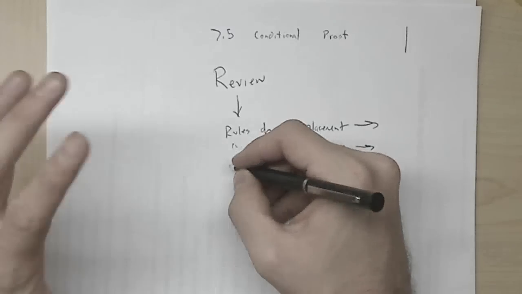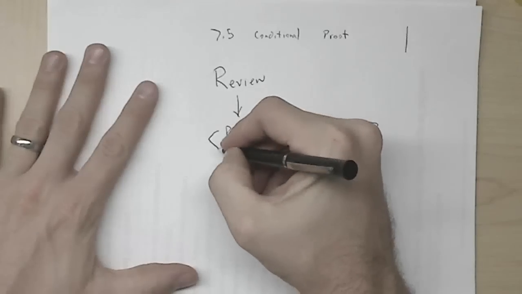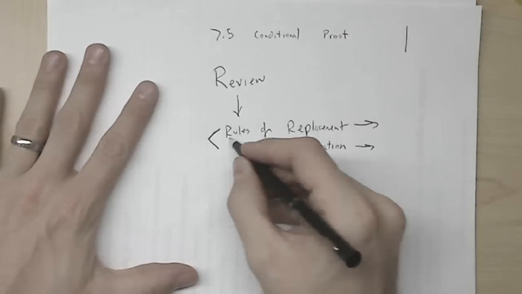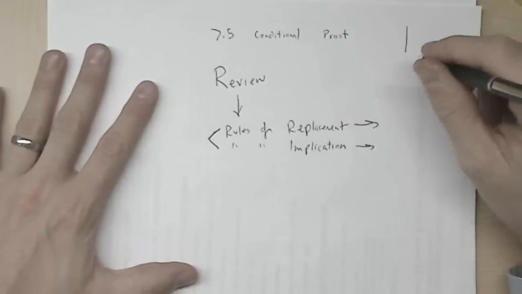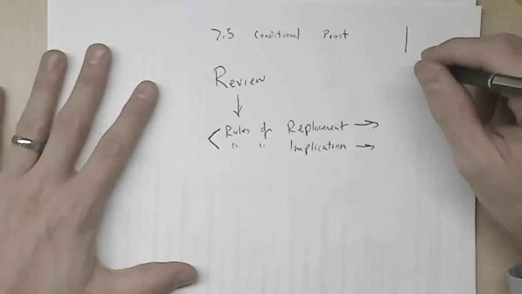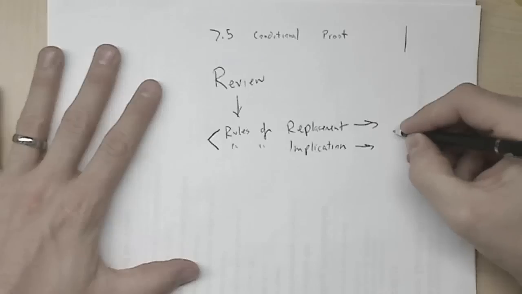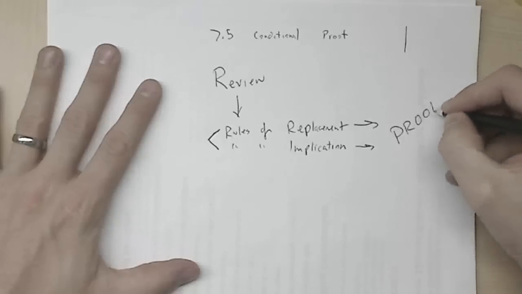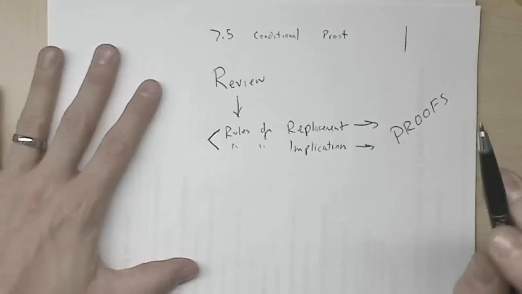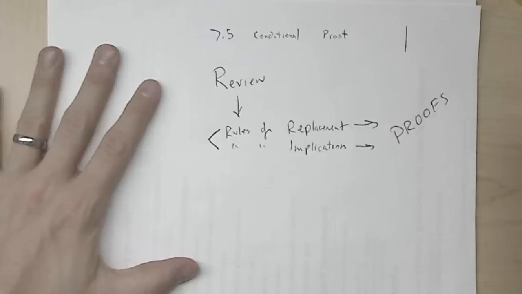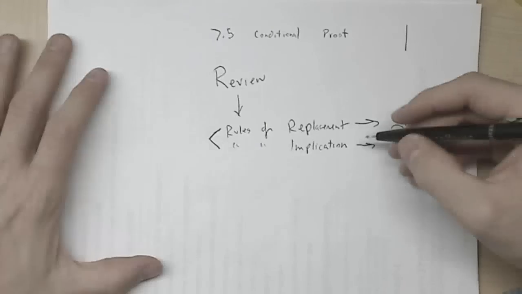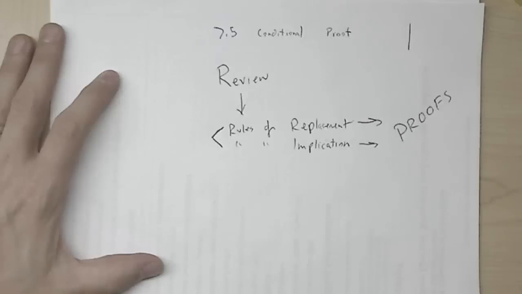We're going to add two more things, because the rules of implication and the rules of replacement that we've covered in the first four sections of chapter 7 have really given us a fabulous tool for building proofs. But it's still incomplete. In fact, not everything that could be proven deductively is proven if you only have rules of replacement and rules of implication.